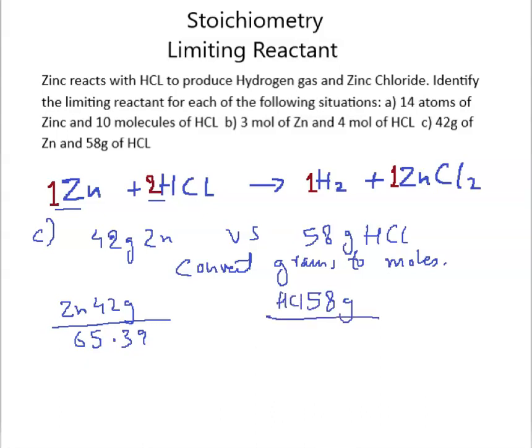Atomic mass for this is 36.458. Well, all combined, the molecular mass. H and then chlorine added. So if we divide them versus, right, what do we get? We get 0.6423 moles.